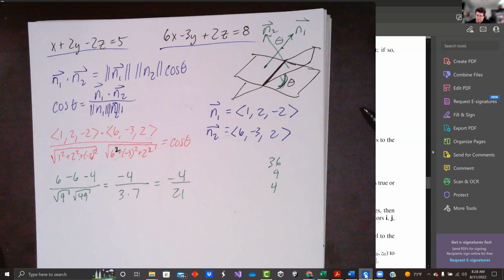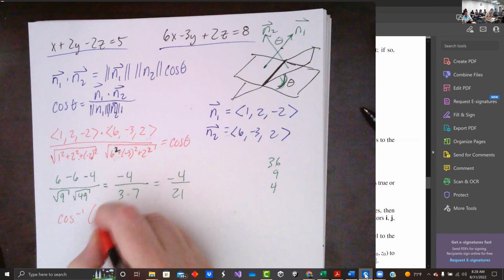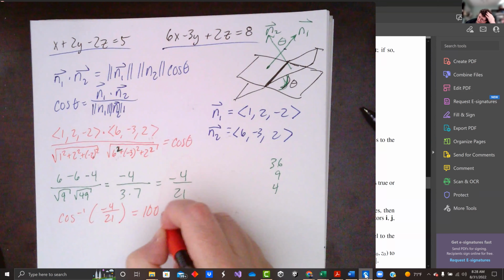I'm going to do cosine inverse of -4 divided by 21. That gives me 100.98 degrees.